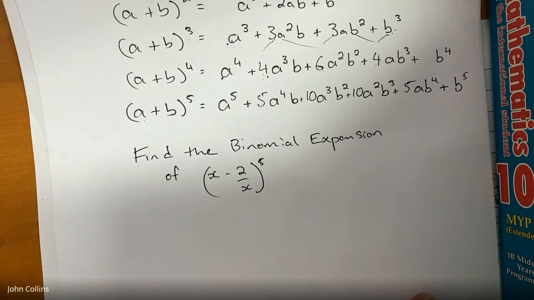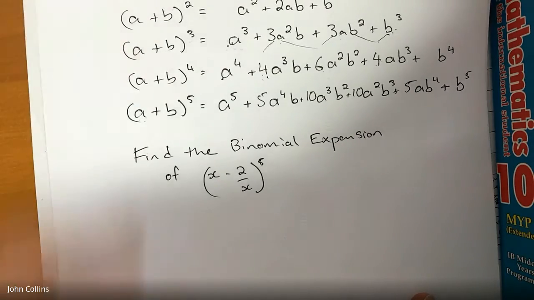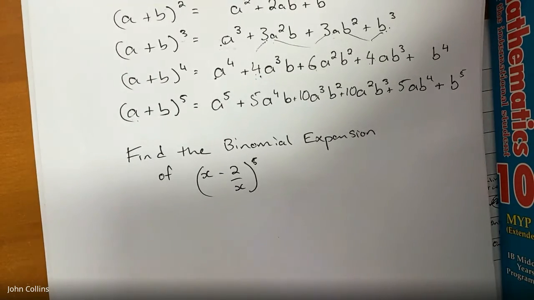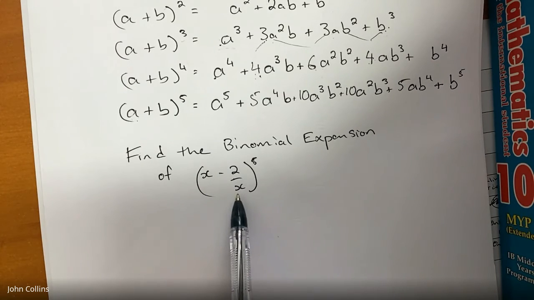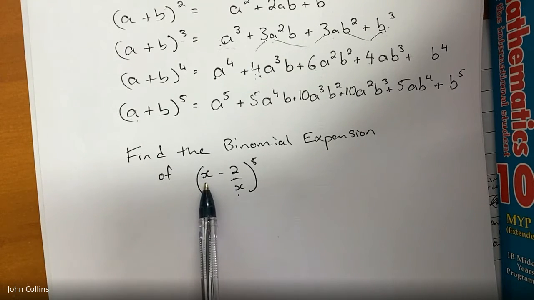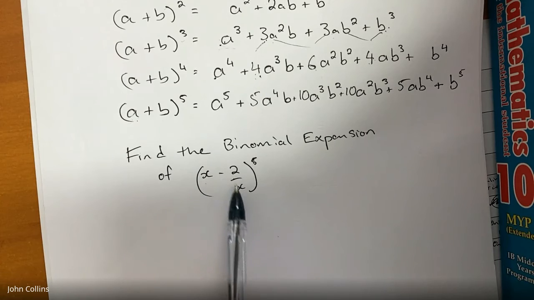A couple of things are an issue here. This would be a difficult question. Problems could be the fact that it's negative here and that we're dividing by x. That's a problem, but we still just have 2 terms. The first term is x, and the second term is 2 divided by x.